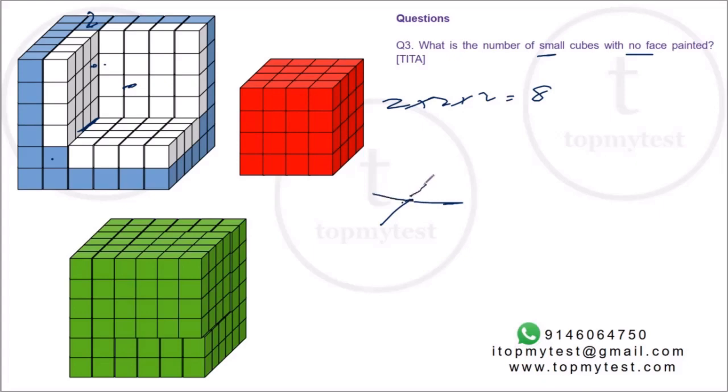Right? That remains unpainted, and that is a core cube of the large cube itself. So that column will remain unpainted. How many such? 1, 2, 3. How many such situations like this? 1 here, and 1 here. So 3 into 3, that will be 9.